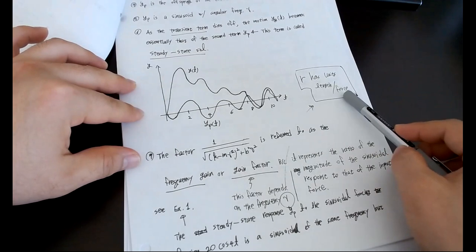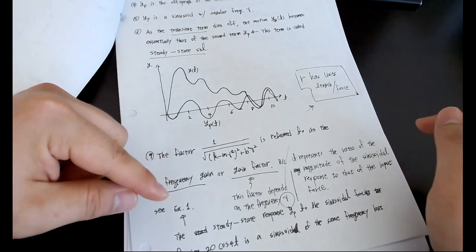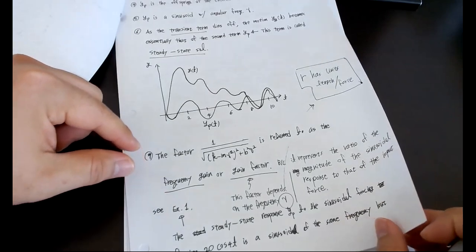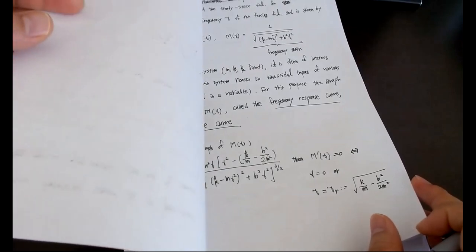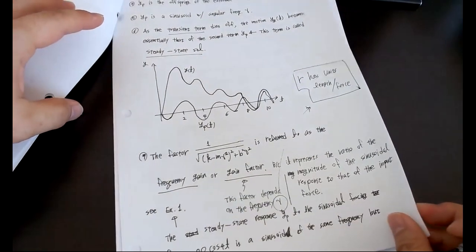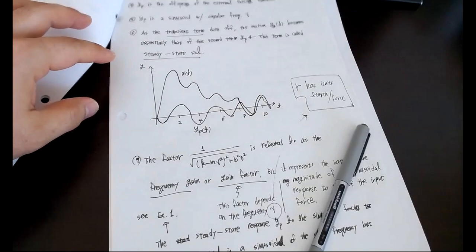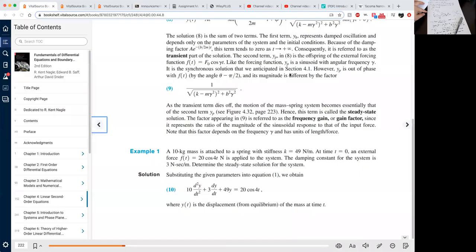Now we see example 1. Here's the example in the textbook. A 10 kilogram mass is attached to a spring with stiffness k equal to 49 Newton per meter.